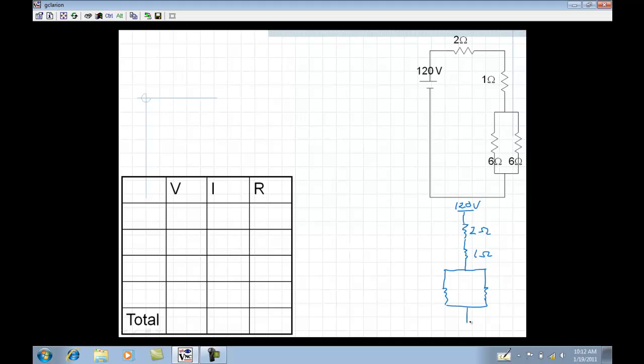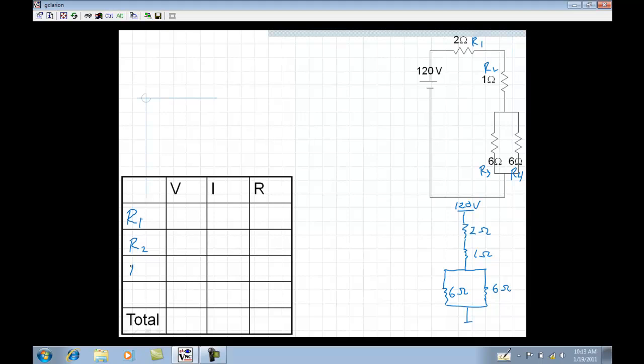So this is the vertical version of this. 6 ohms and 6 ohms. Let's label these R1, R2, R3, and R4, and do the same thing in our VIR chart, with our different resistances labeled out.